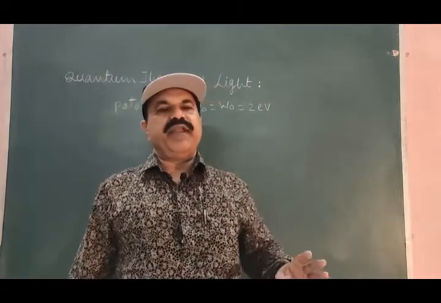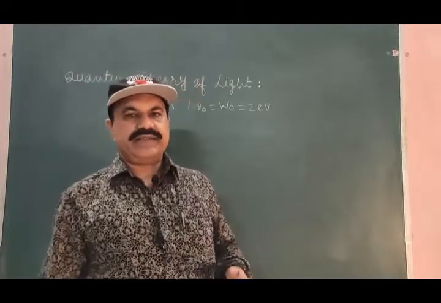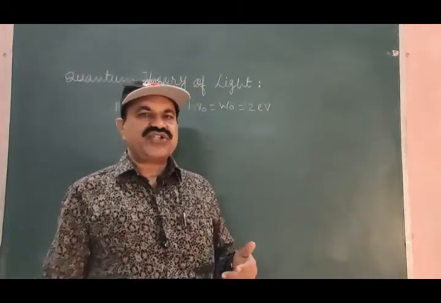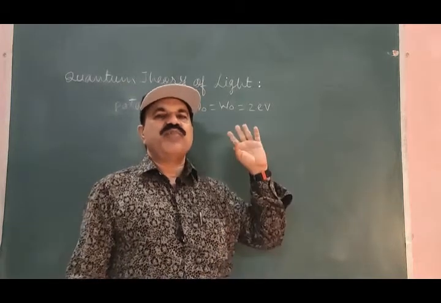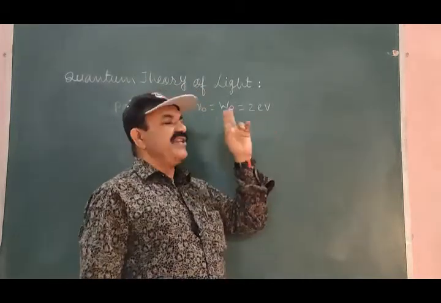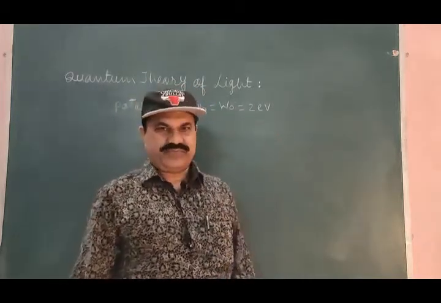The minimum amount of energy required to dislodge an electron from potassium metal surface is 2 electron volt.